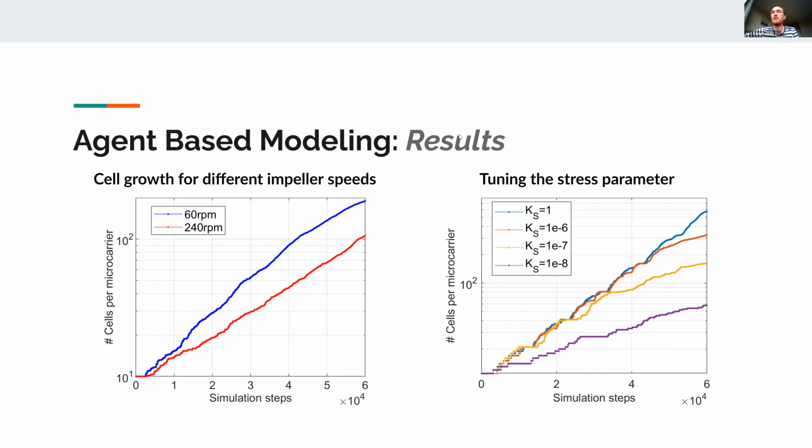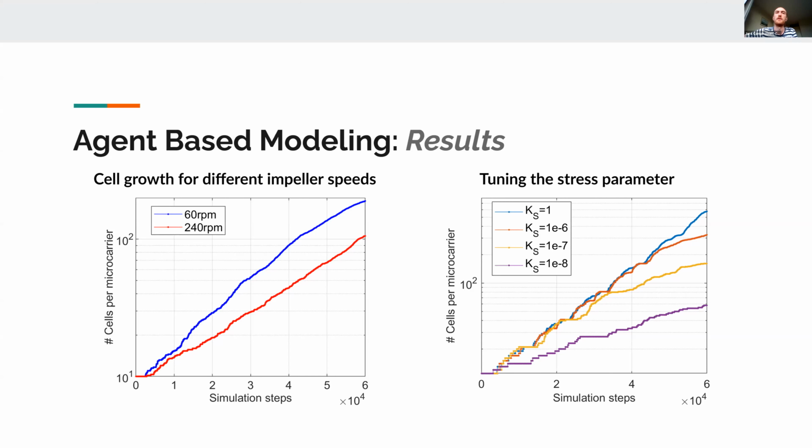But maybe a more interesting result was when we started to tune the stress parameters. These cells experience force by either the velocity field or each other, and this results in a stress in the cell. We made it such that their proliferation rate depends on the stress they experience.